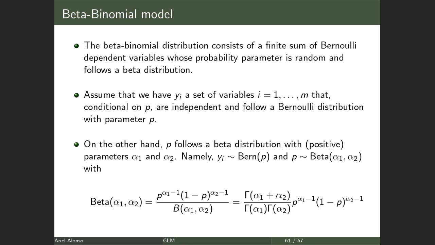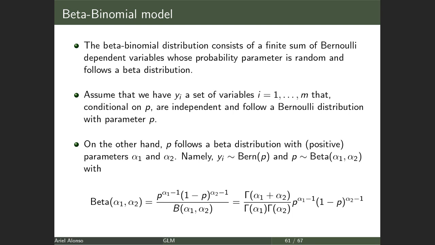The negative binomial is when you have over dispersion with Poisson data. So the beta binomial distribution is what you get when you have a finite sum of dependent Bernoulli variables whose probability parameter is itself random and follows a beta distribution.